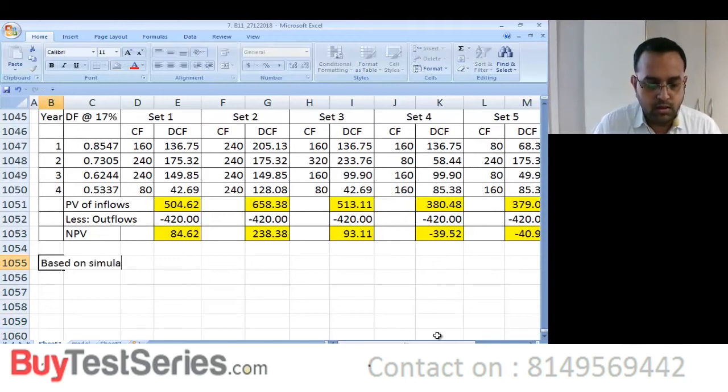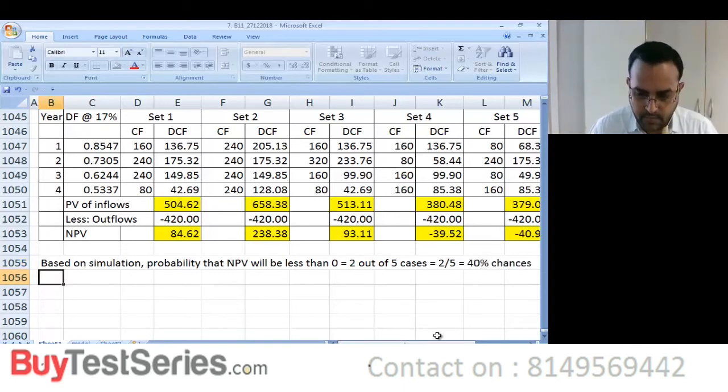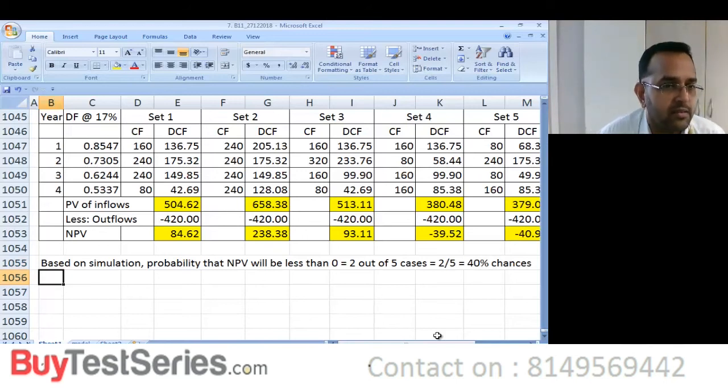Based on simulation, probability that NPV will be less than 0 equals 2 out of 5 cases, 40% chances.